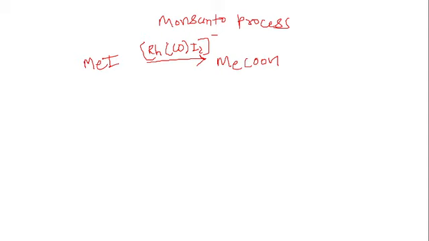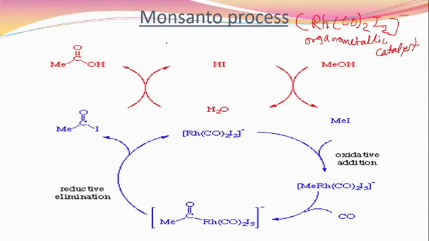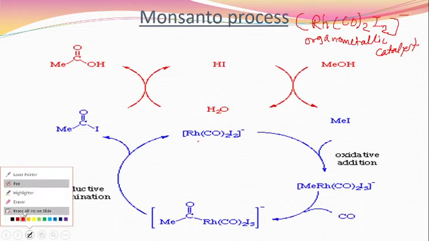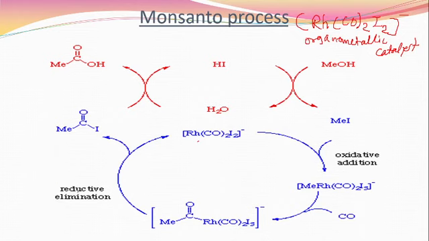So let's start with this. First, to activate this catalyst, Rh(CO)2I2 minus, we use this HI. We use this HI, which reacts with the MeOH, and then it gets converted to MeI.